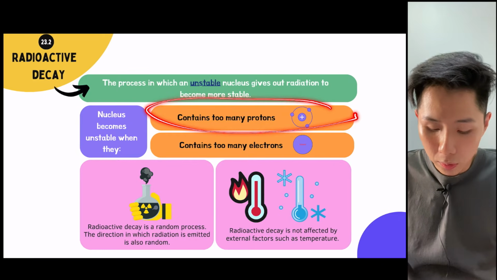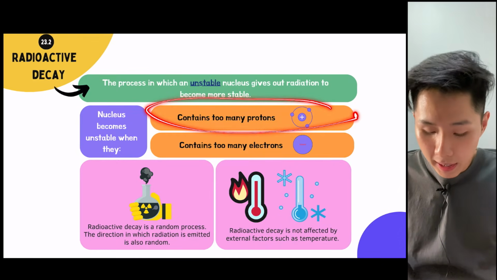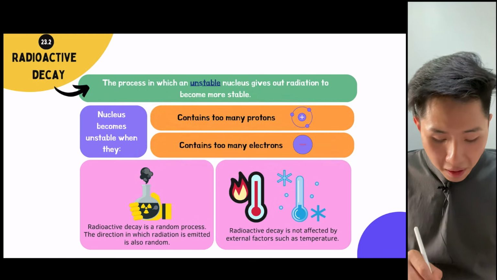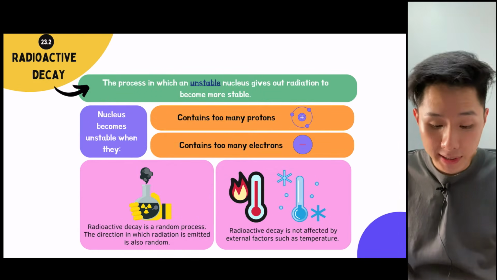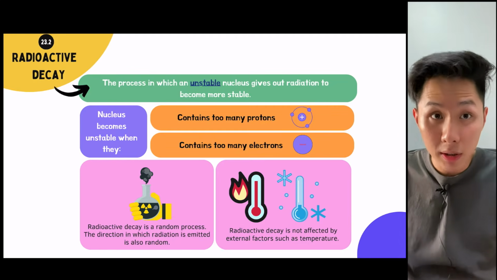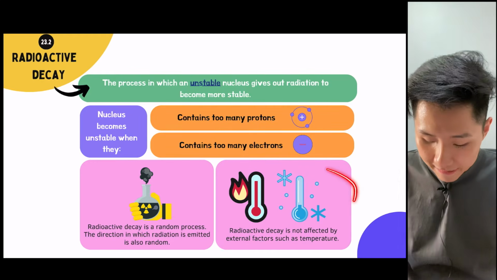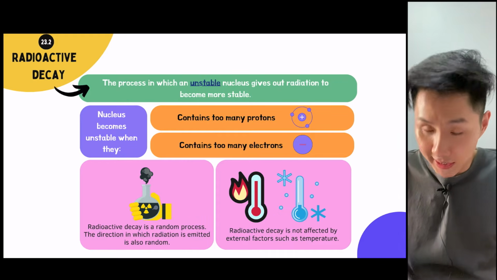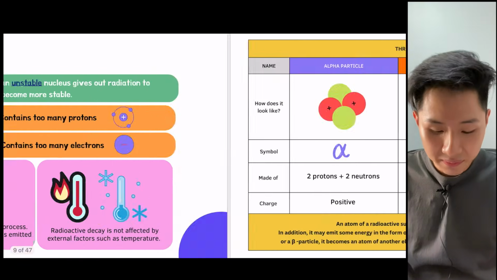It could be because it has too many protons, or too many neutrons. Radioactive decay is a random process, which means you can't really manipulate it. It just happens. A nucleus just undergoes decay, and you cannot affect its rate of decay by increasing the temperature and so on.